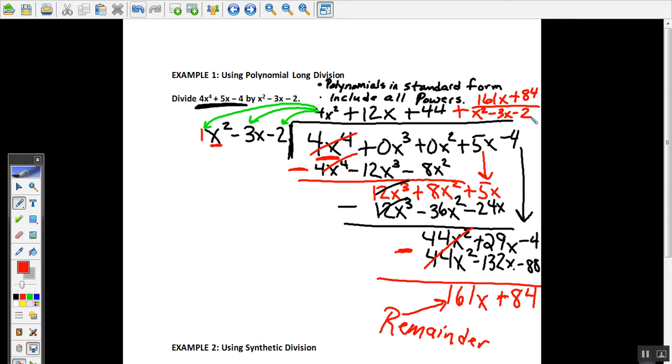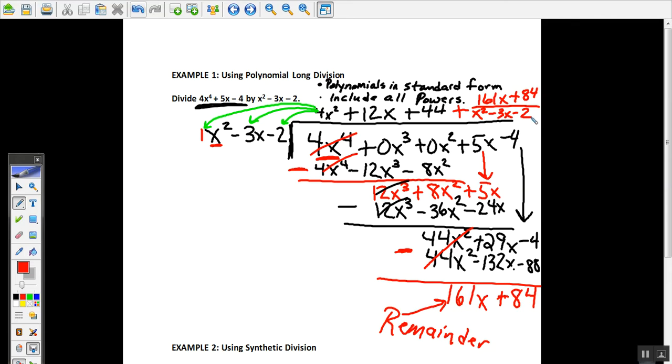But I want to show you something pretty cool, because what we're going to start running into in example 2 is what's known as what, kids? Synthetic division. All right? Watch me divide. I'm not going to make you do a division problem here.